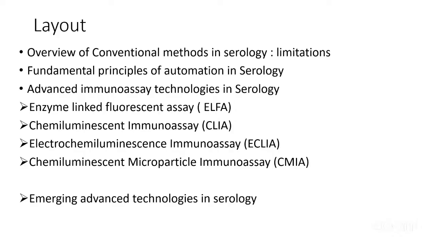There are many in the field of automation in serology, but I'm picking the important ones which are actually used in diagnostics in most areas. And we'll touch a little on emerging advanced technologies. This class is more of a discussion, like pen and paper, in a didactic mode, but online.